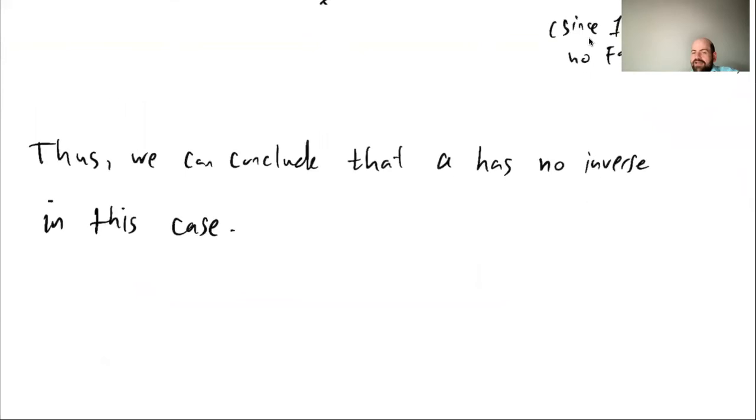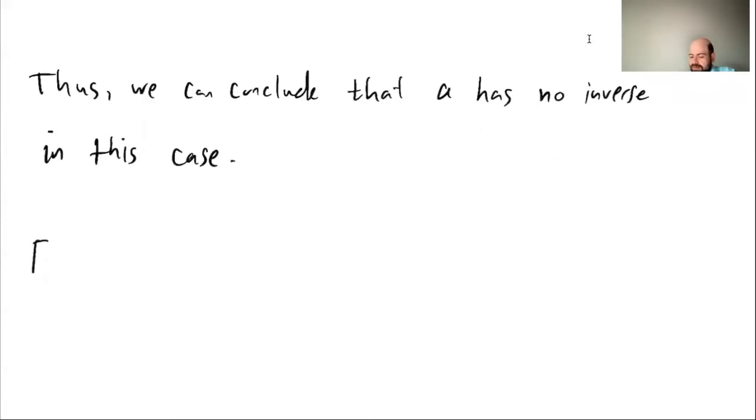Okay, now let's see in practice, if we have two fixed integers, let's say one as A and one as M, how we can find out whether A has an inverse mod M, and if it has, how can we find the inverse? So let's start with an example.